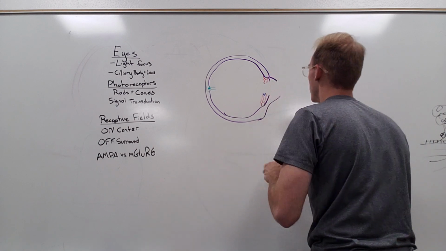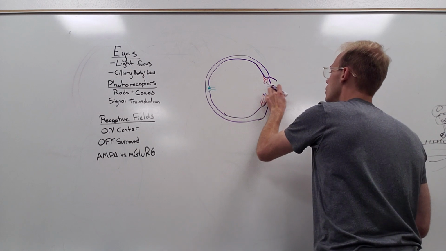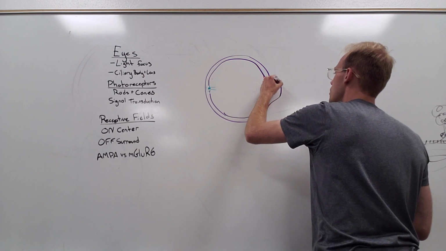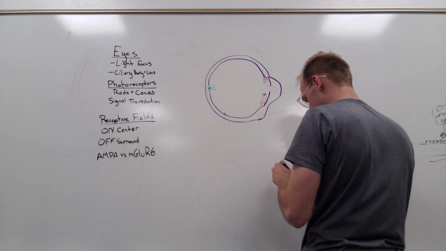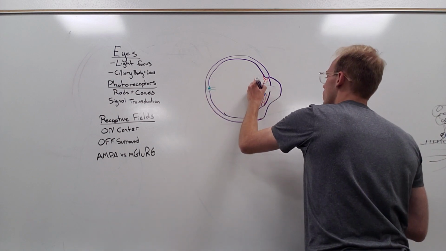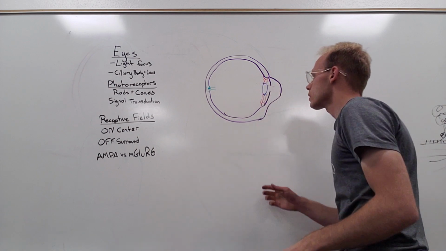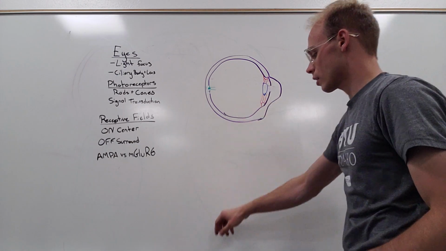Okay, let's fix up our eye. There's our pupil. One little hole right here. Here's the cornea. That's where light can go. And then here's our lens. So what happens is, we have ciliary muscles.